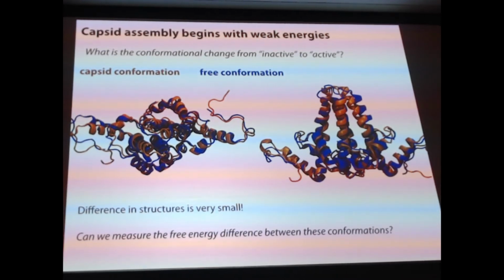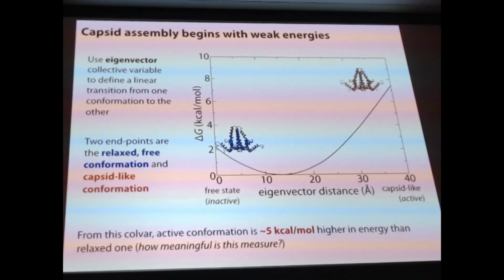And so I was trying to think of ways to get at this question. This is an idea that we came up with, was to use a so-called eigenvector collective variable, which is essentially just a linear transformation from one conformation to the other.